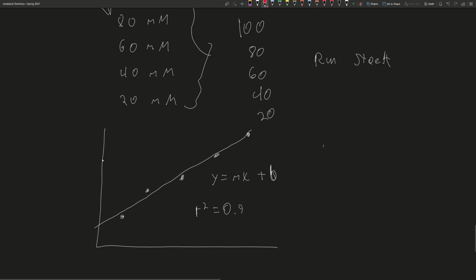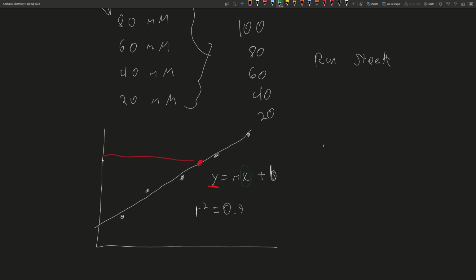Our stock is going to essentially come up right there maybe, and what we are going to do is use this y value right here, determine this x value right here.